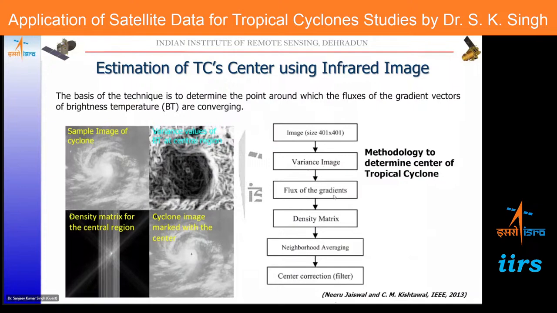After computing the gradient of the variance image, they drew lines parallel to the gradient, as you can see in this picture. Where two lines cross, that point is considered in a density matrix. This way they prepared the density matrix, and the point where the maximum number of lines cross, the maximum density, is considered the location of the center of the tropical cyclone.